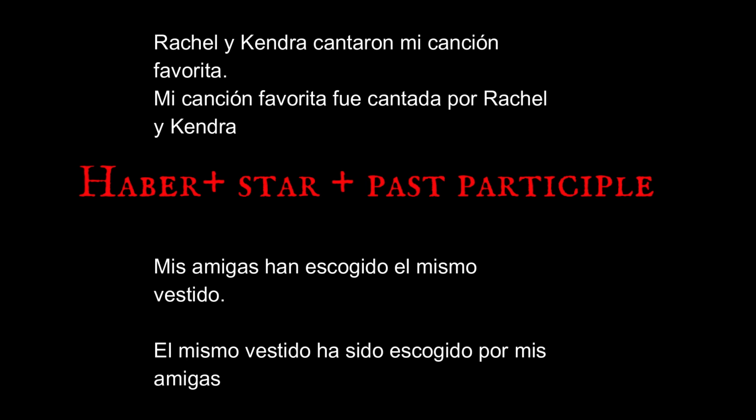Sido is the past participle of the helping verb ser, and this is followed by the past participle of the main verb escoger, which is escogido. So the sentence reads, El mismo vestido ha sido escogido por mis amigas.